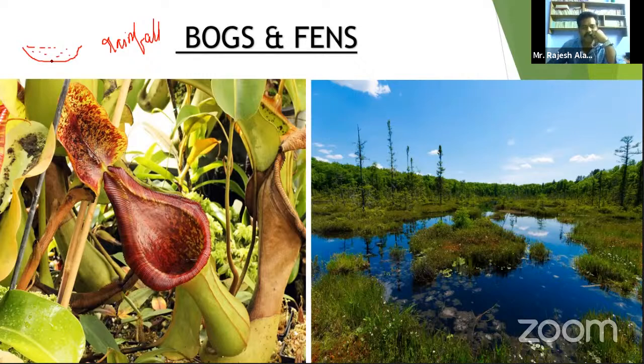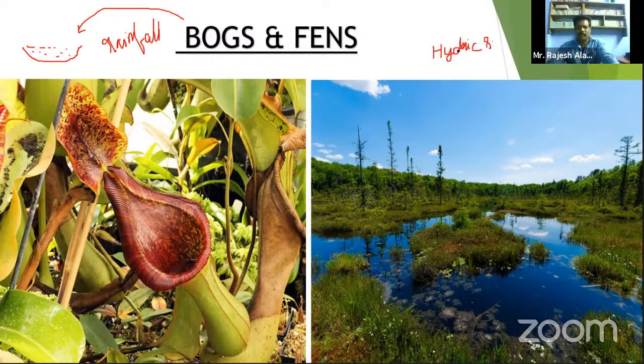If I want to call something a wetland, the water level should be less than 3 meters and the water should be stagnant for at least 7 days. So in the case of a bog, rainfall is the only water source for the wetland. Mostly these wetlands are hydric in nature. What is hydric, sir? The soils here are called hydric soil.